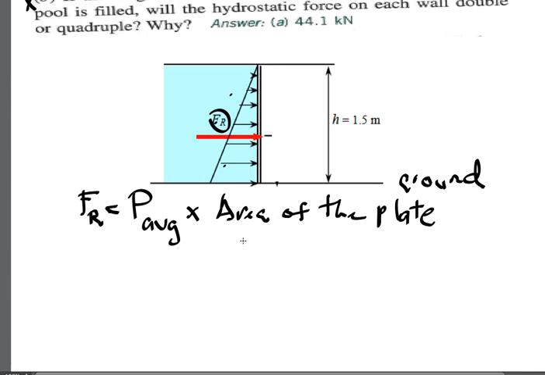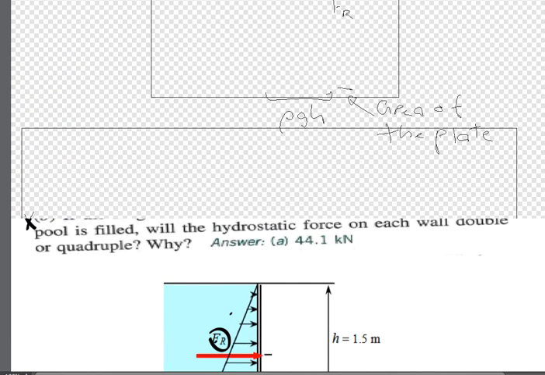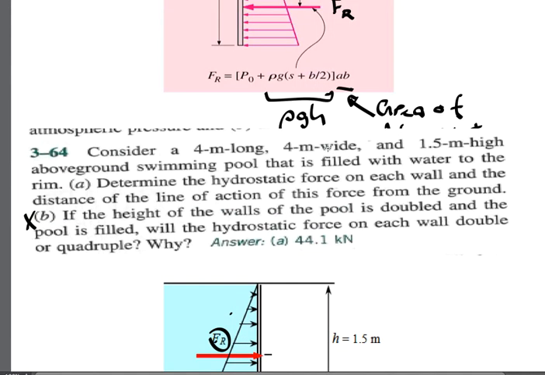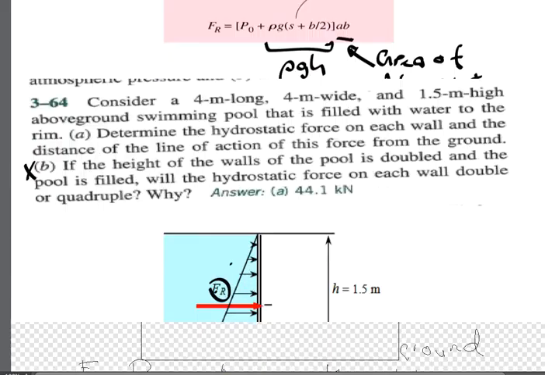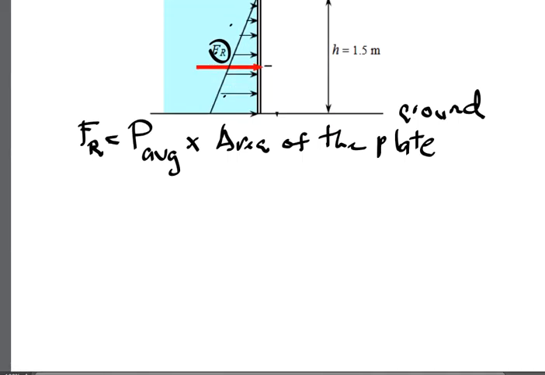Now we already know the area, which is given here: the area is 4 by 4, the length and also the width. So now let's find what the average pressure is.